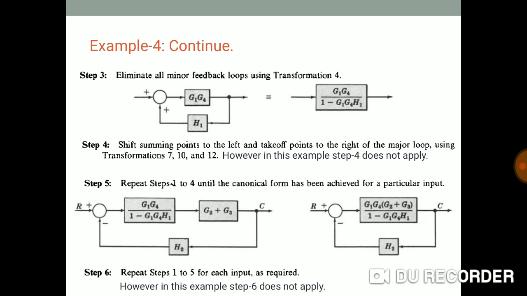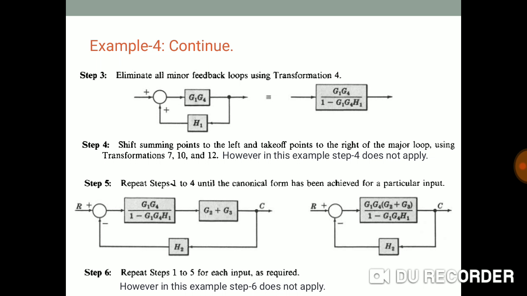Then H1 is in a feedback path, so we are going to use the closed loop transfer function, that is G of S divided by 1 plus or minus G of S into H of S. Here our G is G1 into G4 and H is our H1, and the feedback sign is positive, therefore in the equation we use a minus sign, so G1 into G4 divided by 1 minus G1 into G4 into H1.